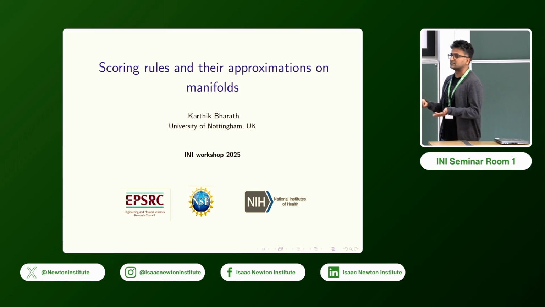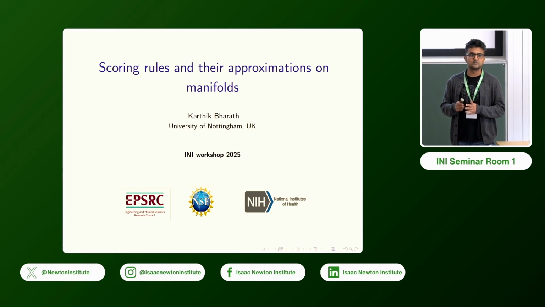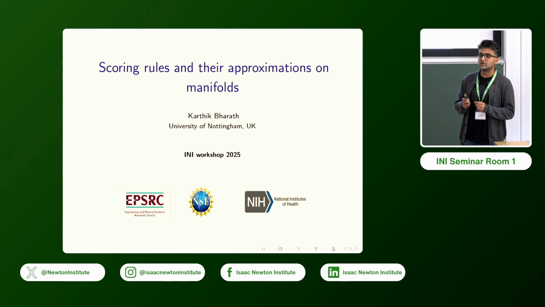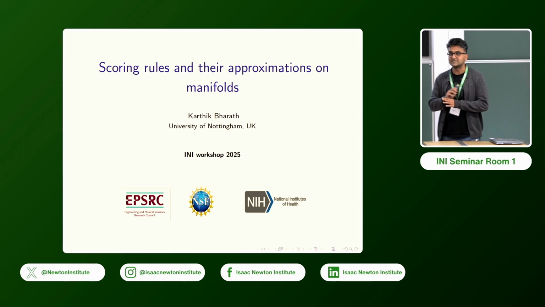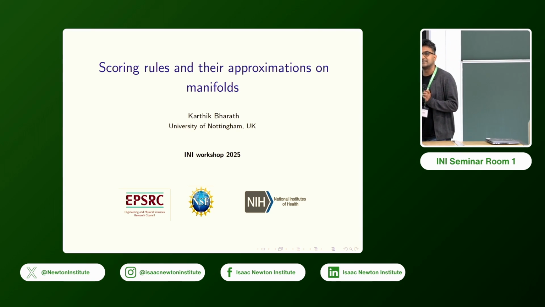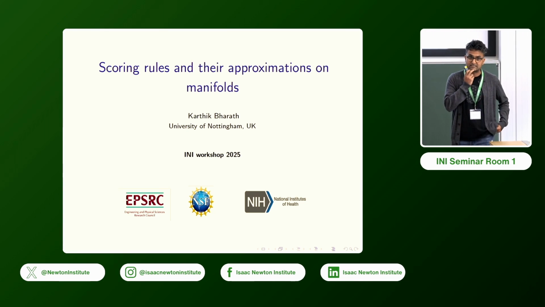I work in geometric statistics, so I thought there must be something to do with curved spaces, manifolds, scoring rules. I'll read a few papers, make up a talk, but there weren't any. There were even very few multivariate papers as such.